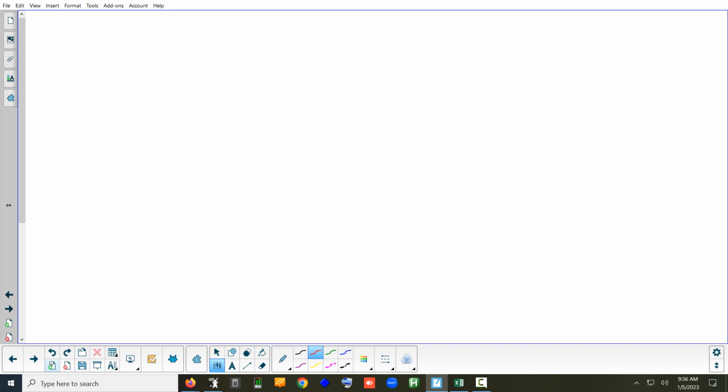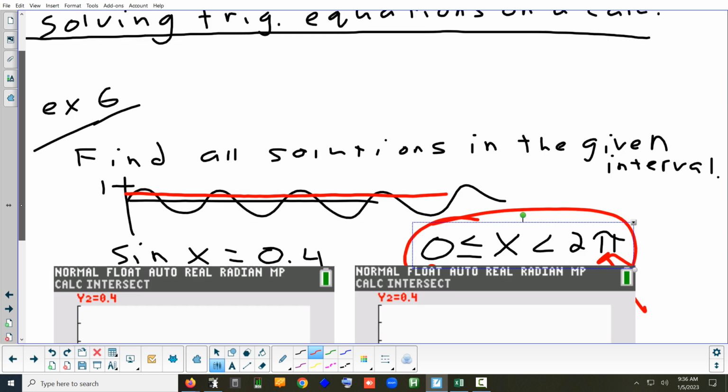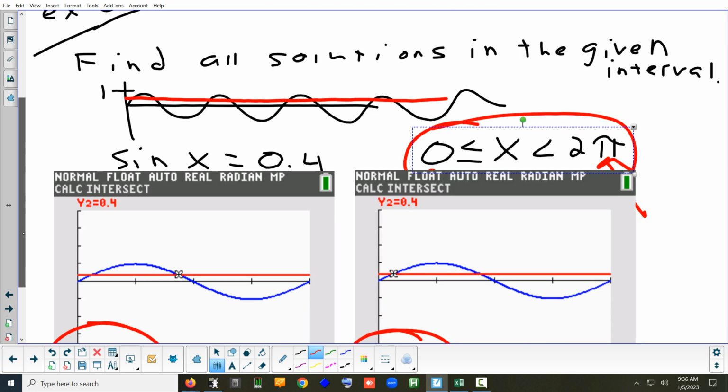If you're on a circle, and you start at 0, and then you go all the way around to 360, well, that's the same as 0. 0 and 360 are the same thing. That's why if you include the left edge of the screen at 0, you don't include the right edge of the screen at 360.